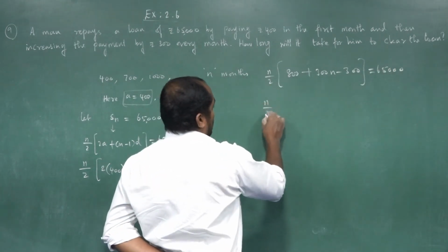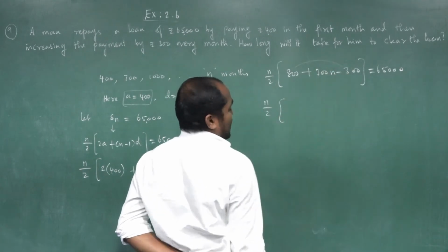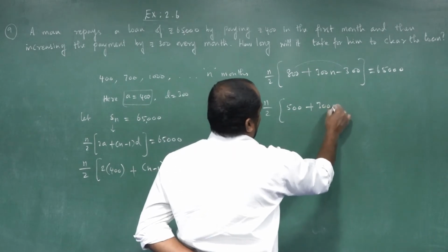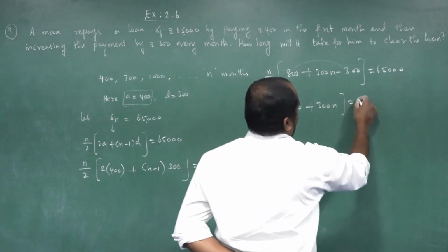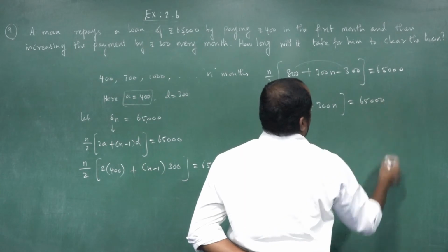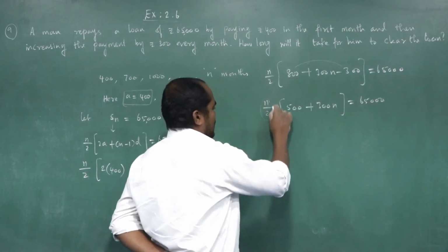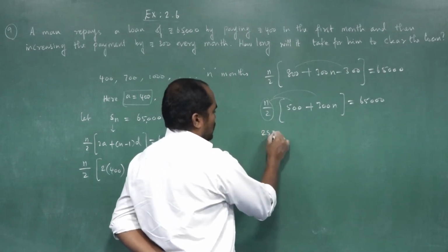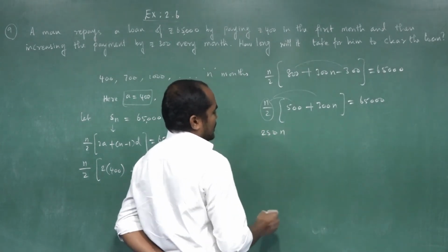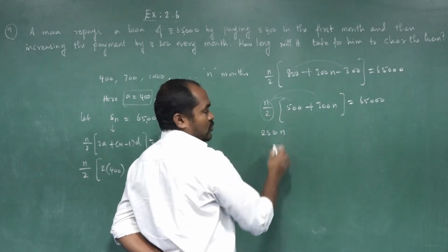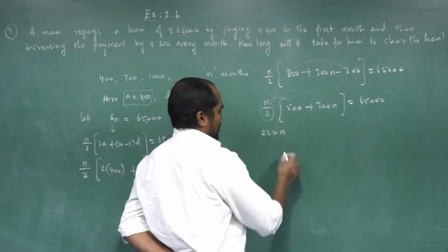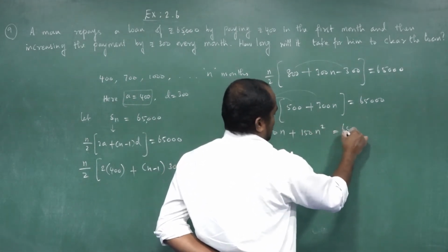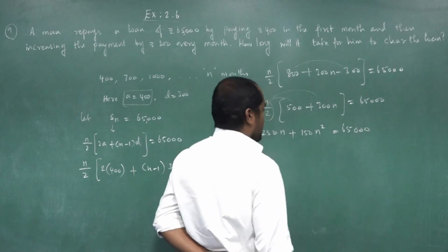So n by 2 of 800 minus 300 is 500, 500 plus 300n is equal to 65,000. So multiply this n by 2 with 500 and 300n. We get 250n, because 500 divided by 2 is 250, plus 150n square equal to 65,000, right?